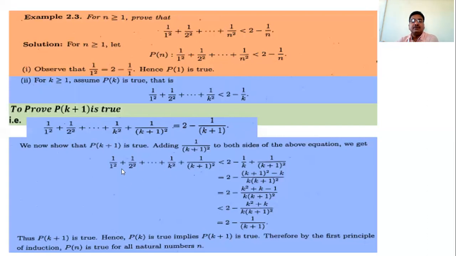And therefore we have this is less than or equal to 2 minus 1 by k plus 1, and that is Pk plus 1 is true. Hence Pk is true implies Pk plus 1 is true, and therefore by the first principle of mathematical induction, Pn is true for all natural numbers greater than or equal to 1.